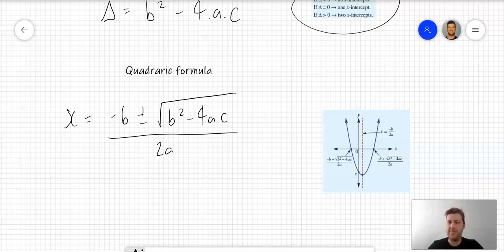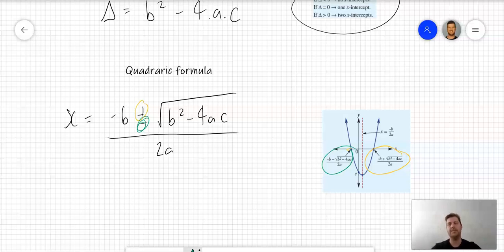Visually, what that means is that the plus and the minus are the two intercepts. So this is the plus: minus b plus root b squared take 4ac, all over 2a. And this is the minus: minus b take root b squared minus 4ac, all over 2a.